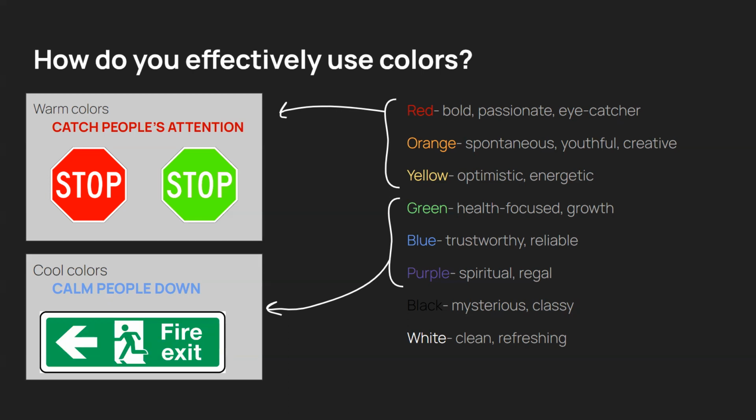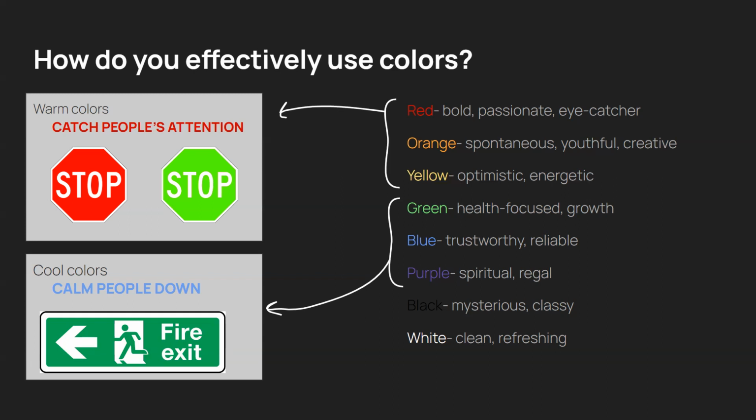Okay, so next we're going to talk about cool colors. These are used to calm people down. Here's a fire exit. The example I use is the fire exit. This is usually a green color, but you might be wondering, okay, if they want to get your attention for the fire exit so bad, why use the green color instead of red?